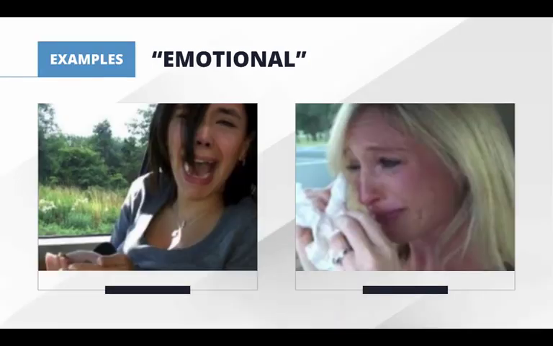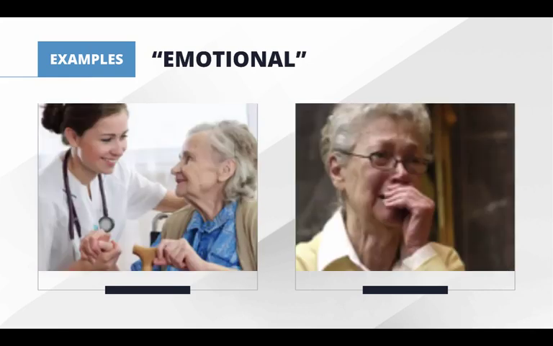So here are some examples of overly emotional images. Ads don't always have to be happy to be emotional. Sometimes a negative emotion like somebody screaming or crying can stand out just as much as or more than if someone's really happy.